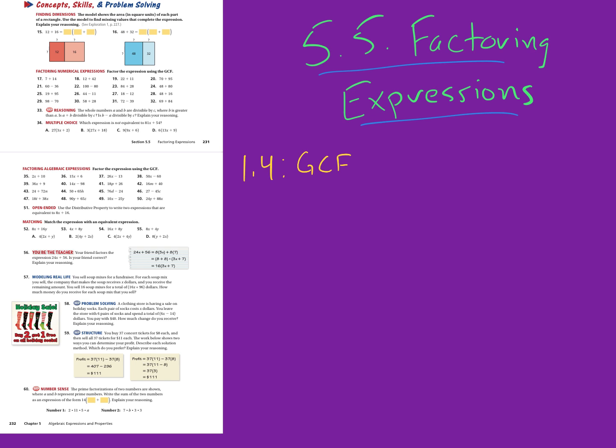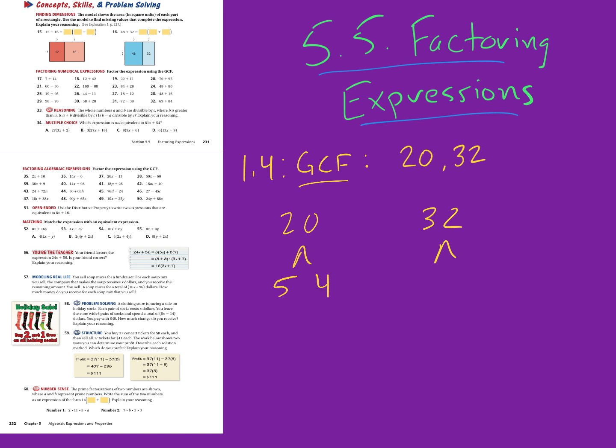So with GCF, if you don't remember, one of the ways that I like to find GCF of any number is using a factor tree. Okay, and so let's look at finding the GCF of 2 numbers. Let's say 20 and how about 32? To find the greatest common factor of 20 and 32, I'm going to set up 2 factor trees.